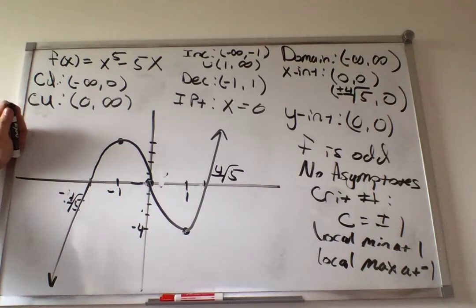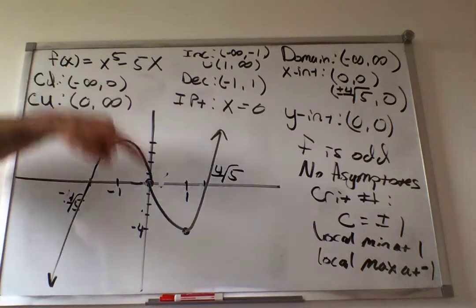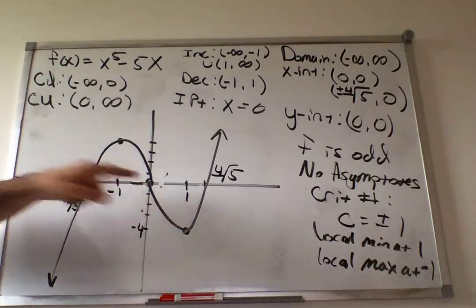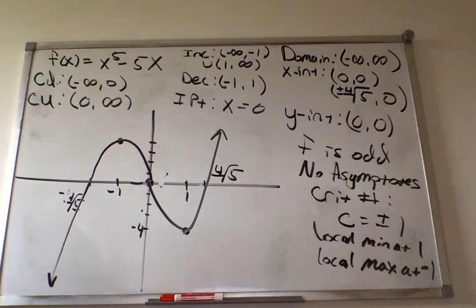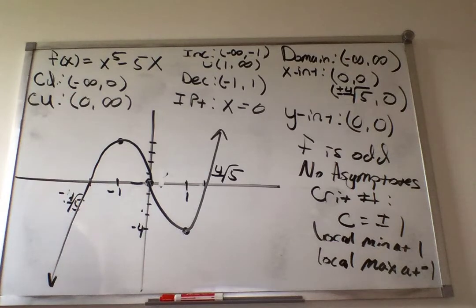Okay? And as you can see, we drew it really accurately. We've got where the local mins and maxes are. We got the exact point of inflection. We got the exact x and y intercepts. So we could draw a really detailed graph using these new methods that we have. In pre-calc, you learn how to sketch graphs as well.